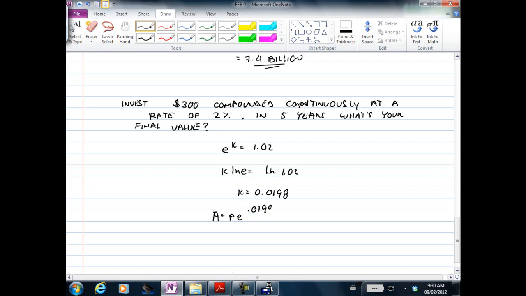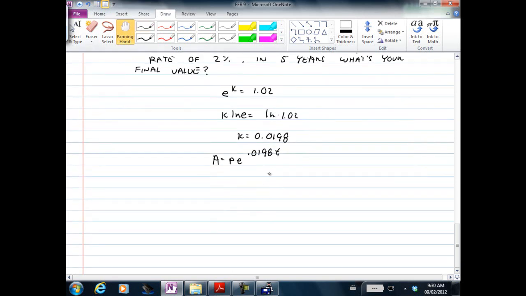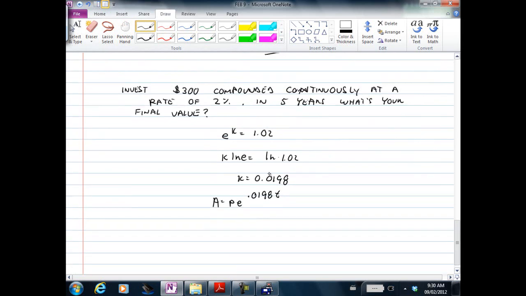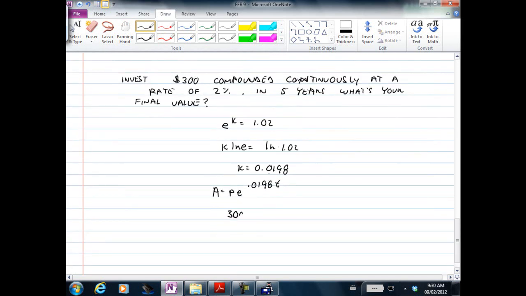Type 4 is actually the easiest type. Because there's really... Yep, question. If it was decreasing, then you would have to subtract. Guys, gals, you can simply sub it in from here, which I'm going to just save time, and then I'll explain to you. P 300 times E to the power of 0.0198 times 5. Punch in your calculator. 300 and what? 897.